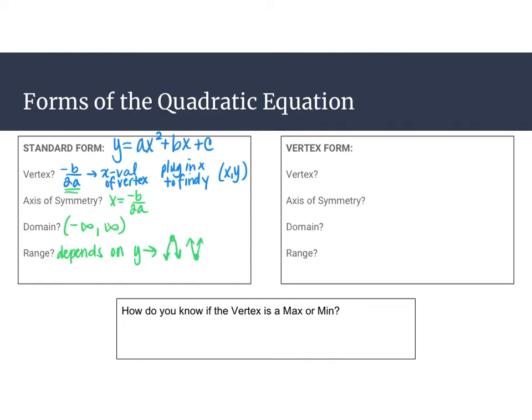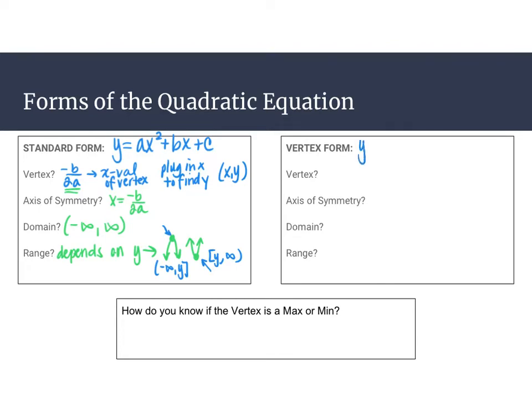So if the vertex is a max, then your range is from negative infinity to that y value. If your vertex is a min, then your range is from y to positive infinity. Because if it is a max, this is the largest y value. And if it is a min, this is the smallest y value, with infinity being the largest.